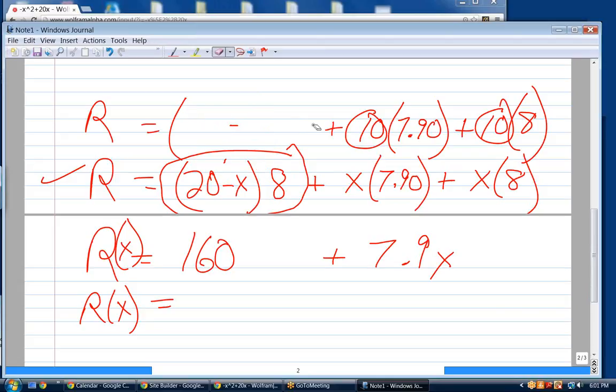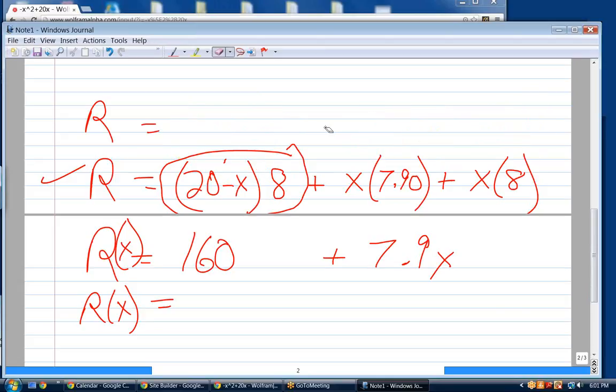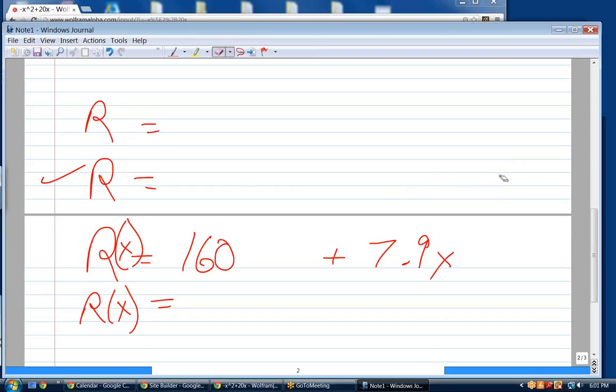This is not the revenue function. The revenue function, let's see, if I let M equal total members? Yeah, so, let me think. So they're saying what value of M represents the maximum revenue?